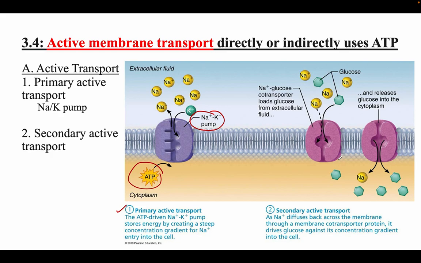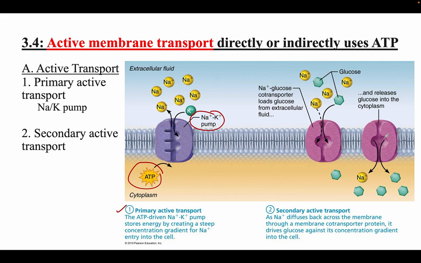What is secondary active transport? Suppose the sodium potassium pump is already doing this kind of pumping, helping sodium to move inside or outside. So it is in a working condition, and mostly when the sodium potassium pump is putting sodium inside, along with sodium, sometimes glucose also can come inside with the help of these transporter proteins.